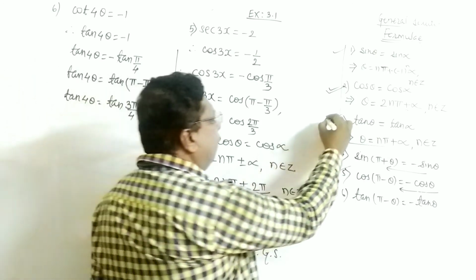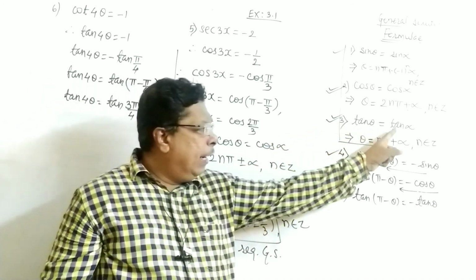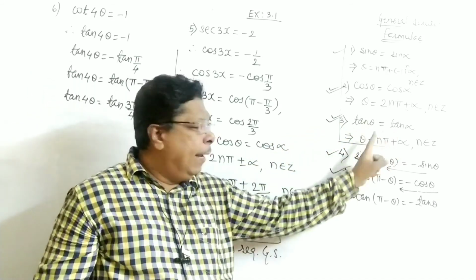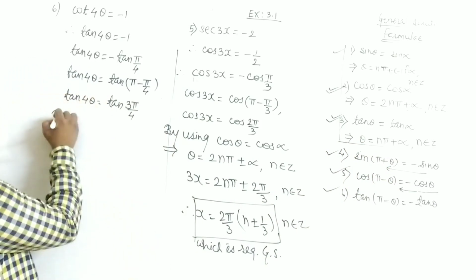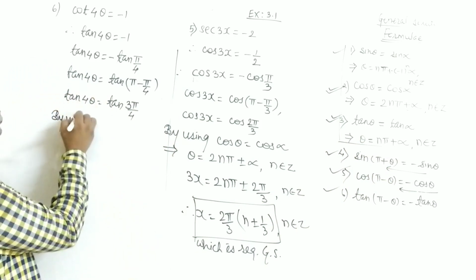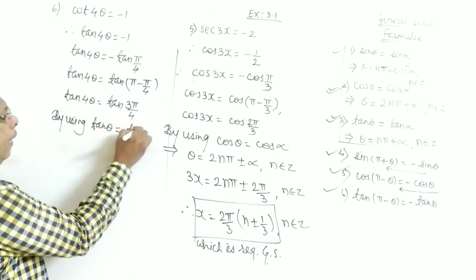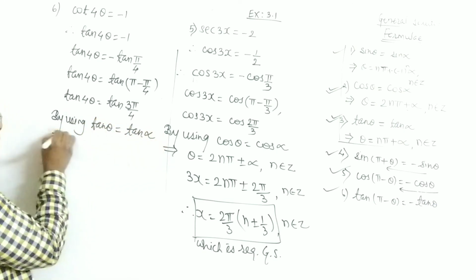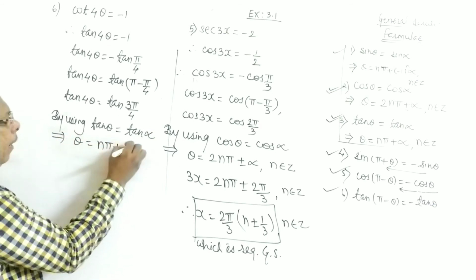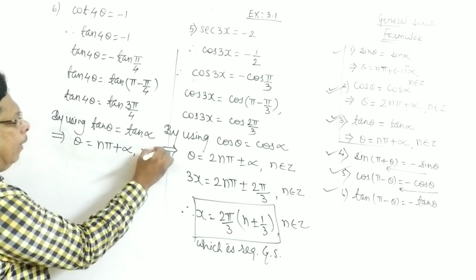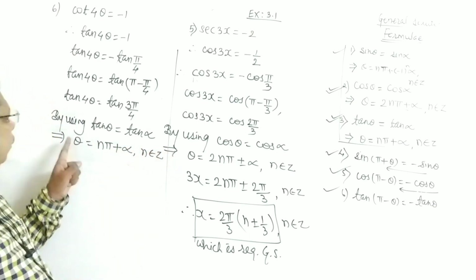And now use the third formula. What is the third formula? Tan theta equal to tan alpha implies theta equal to n pi plus alpha, where n belongs to z. N is an integer. Now substitute the value of theta.